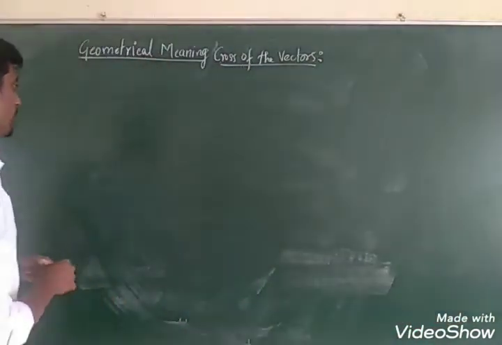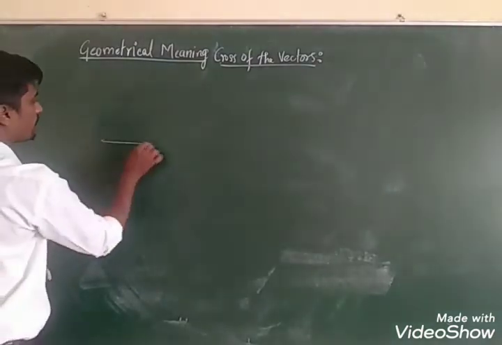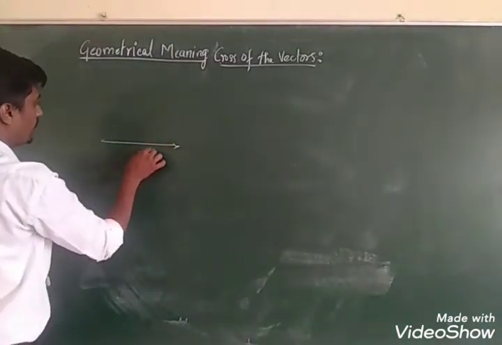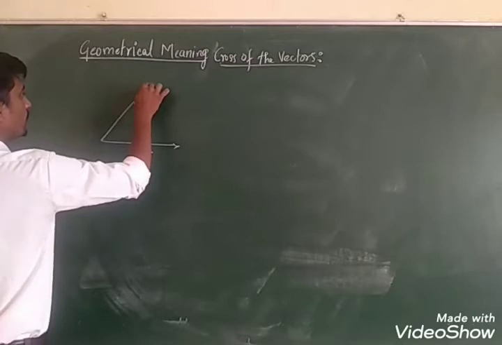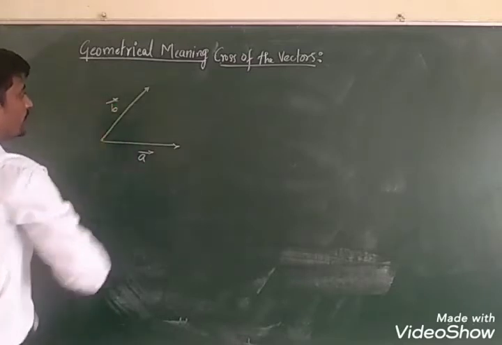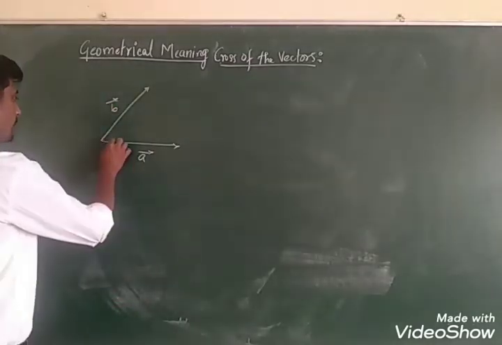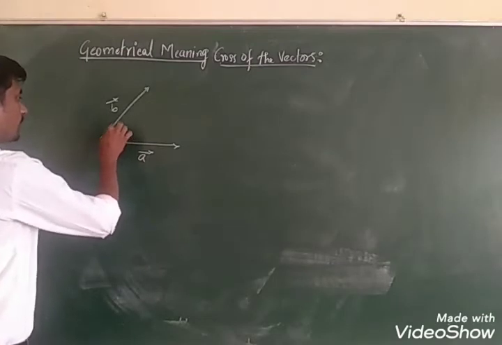So look here. This is vector A, and this is another vector B. This is the angle made by the two vectors, theta.